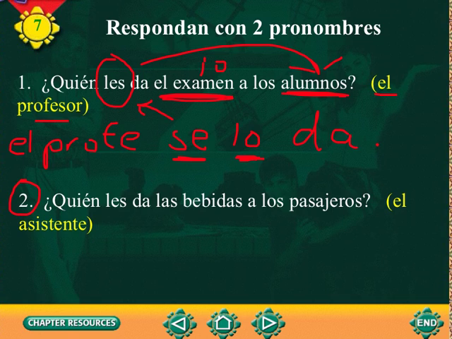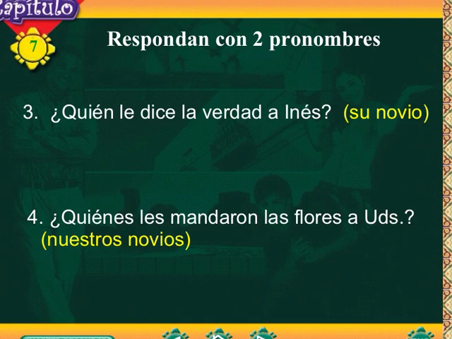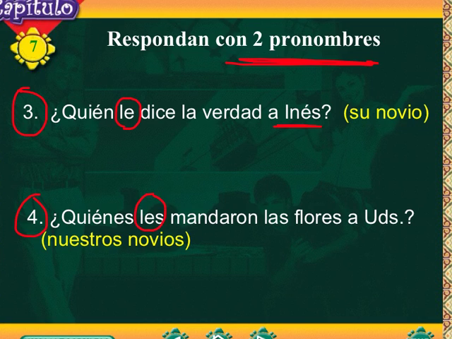Get ready in class. We'll review this. And so how about number 3 and 4? Can you do number 3 and 4 in class tomorrow? Here they are. You're going to use two pronouns, and be careful who receives the object. Be careful. And we'll practice a little bit more in class tomorrow.